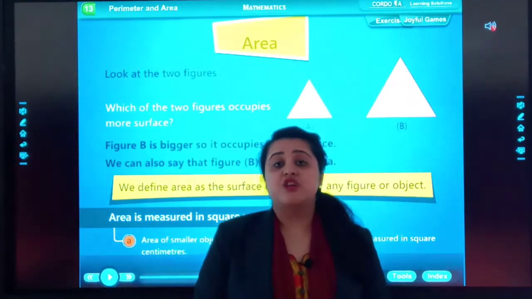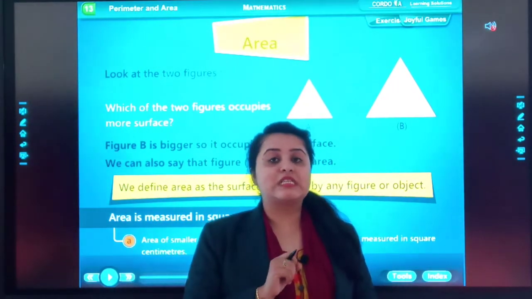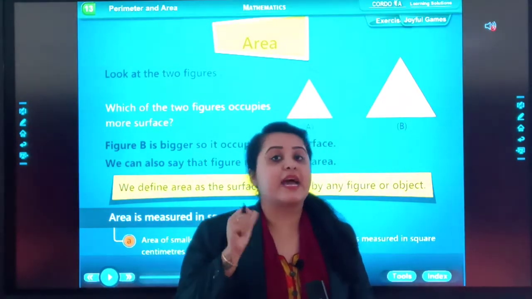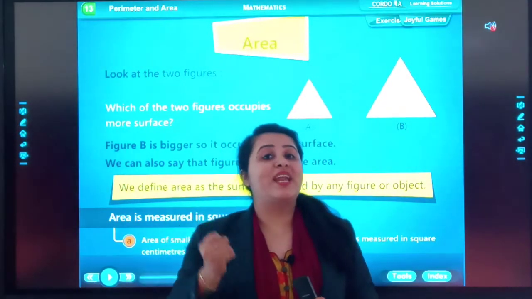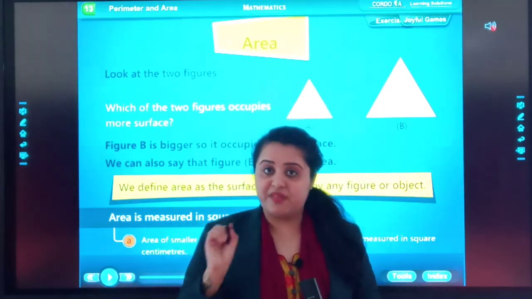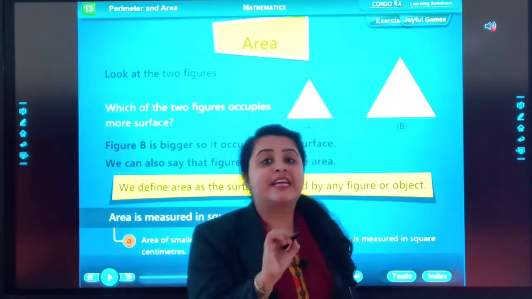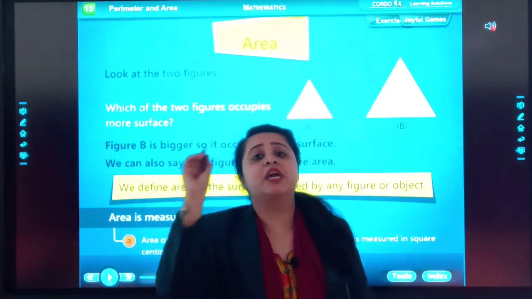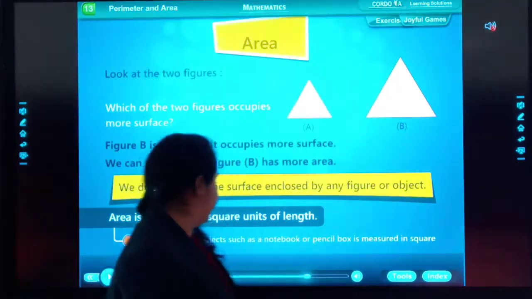Always remember, जब हम perimeter calculate करते थे, for example, my answer came to 84 centimeter. Okay, that is good for perimeter. But when it comes to area, I will be writing 84 centimeter square. मैं ऊपर 2 एक रख दूंगी for the square.